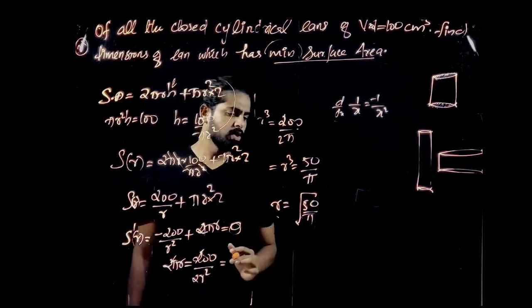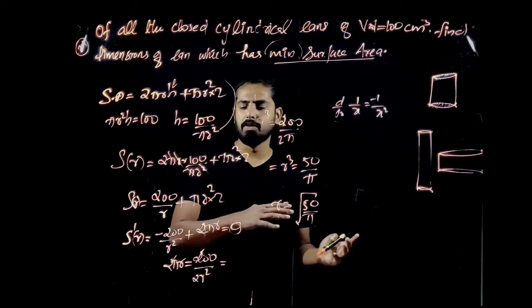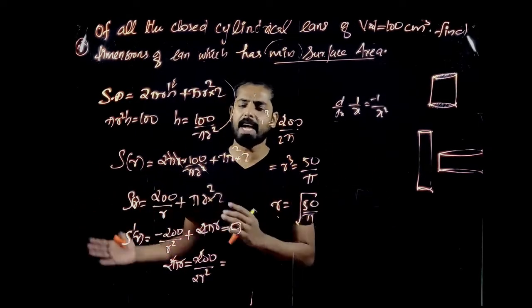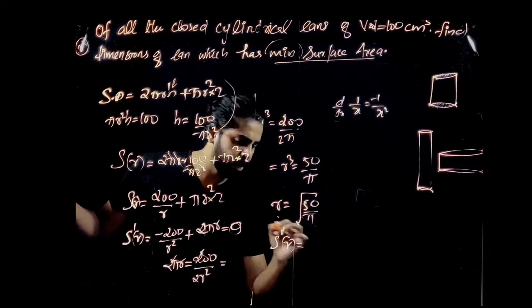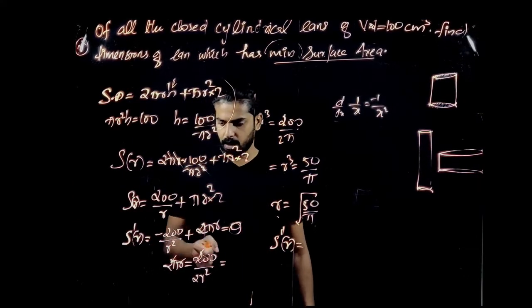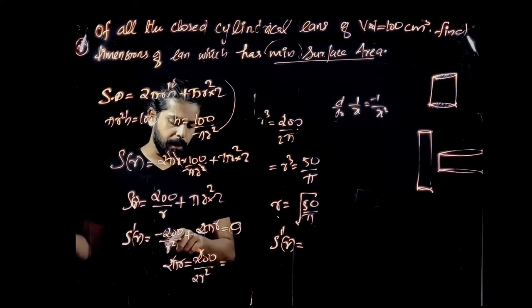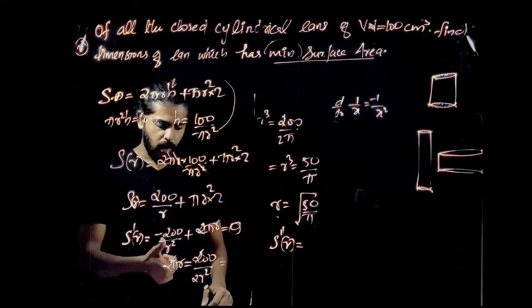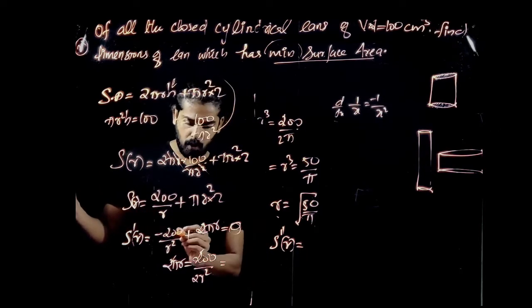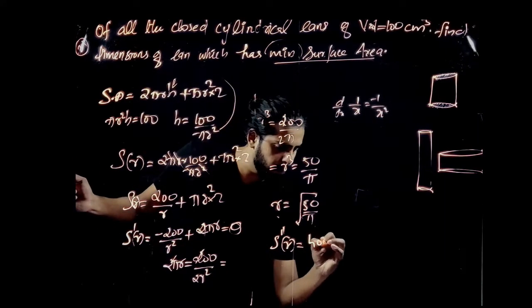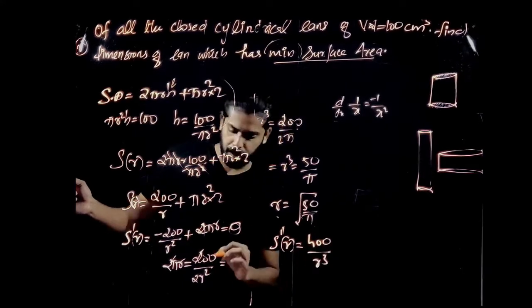So in order to make sure of that, we have to differentiate this again. You have to find the second derivative, S double dash of r. The second derivative of this function: minus 200 by r square, and the derivative of 1 by r square is minus 2 by r cube. So this will be 400 by r cube.